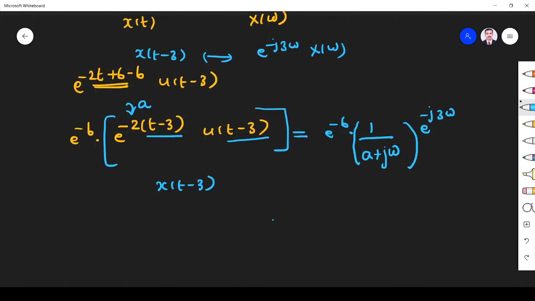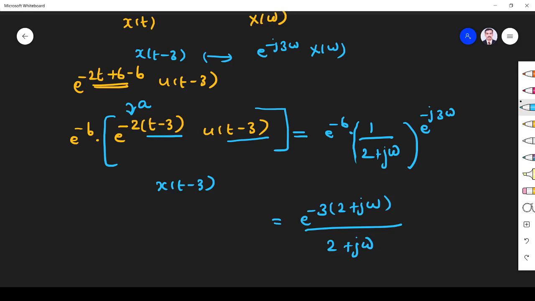If you simplify, I take e power minus 3 outside in the numerator. What you get is e power minus j3 omega divided by 2 plus j omega. This is the Fourier transform of the third problem.